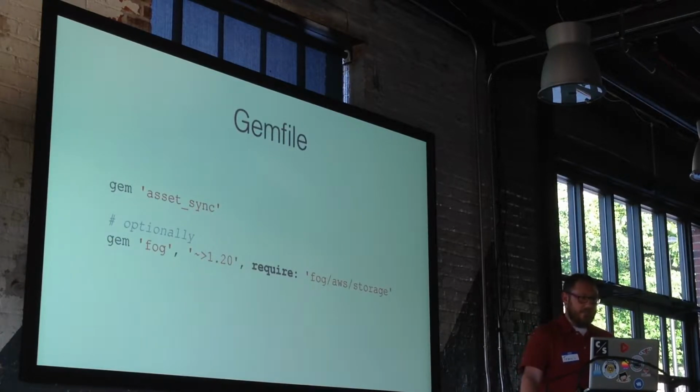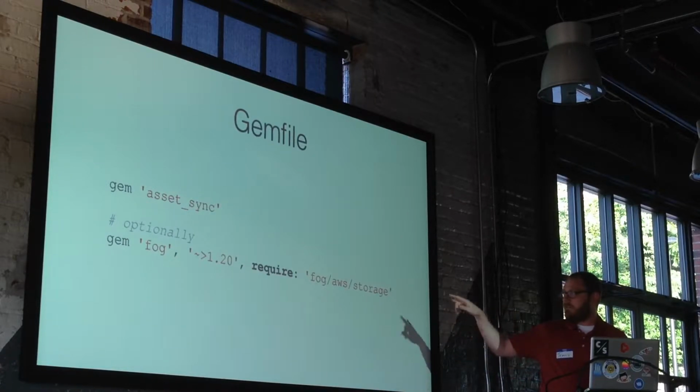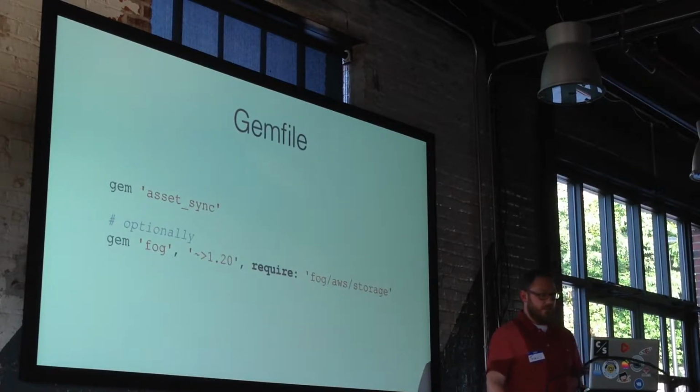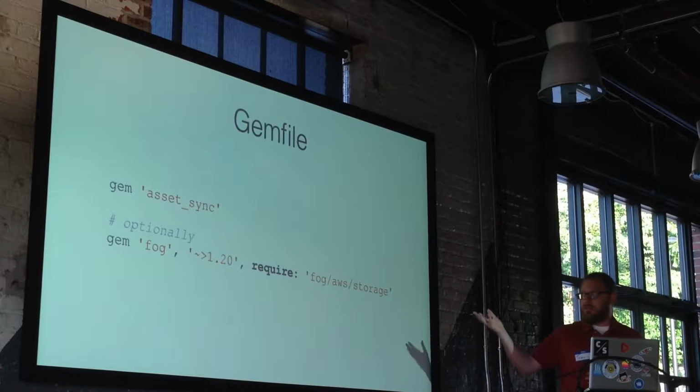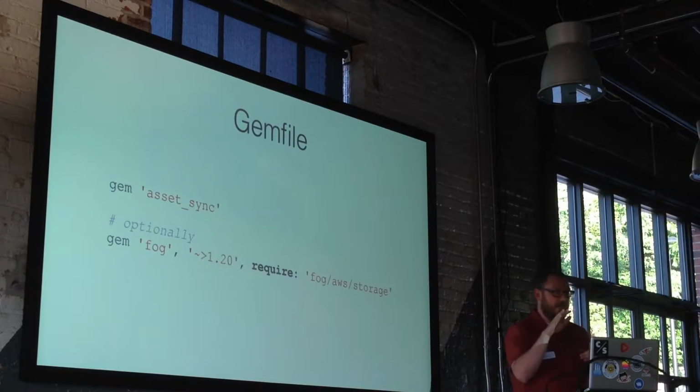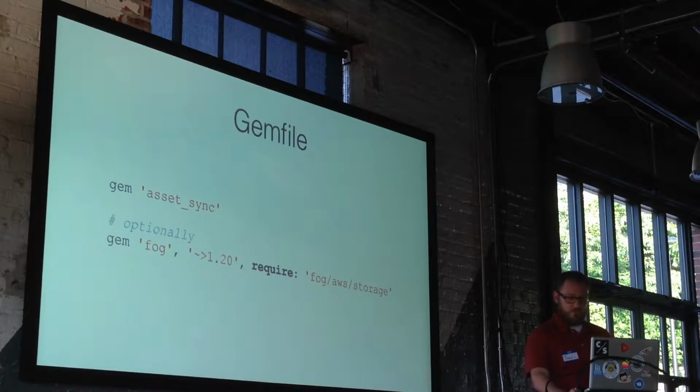So the asset_sync author recommends that you require just fog/aws/storage, and I put it as optional, but he said it's very important that you put that line before the gem asset_sync so that it will load the fog AWS storage before asset_sync tries to load all of fog. So that should help your boot times and stuff.